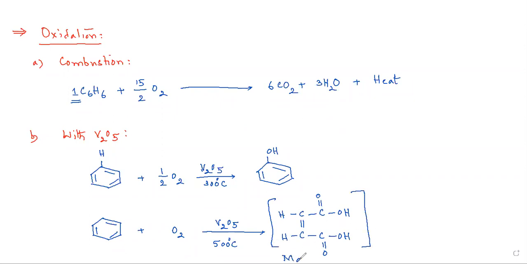But you know this immediately loses a water molecule to form the final thing, that is maleic anhydride. Minus water, without water, is anhydride.